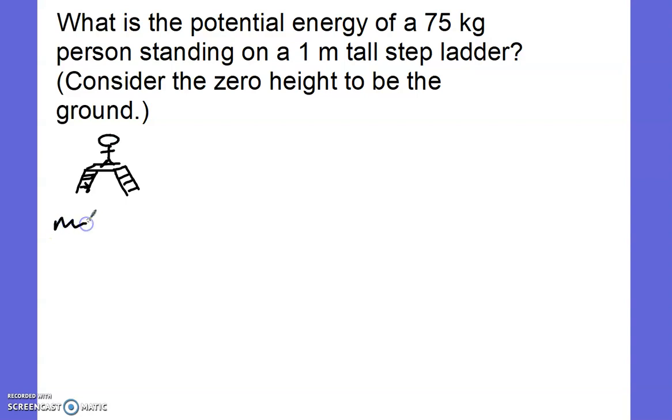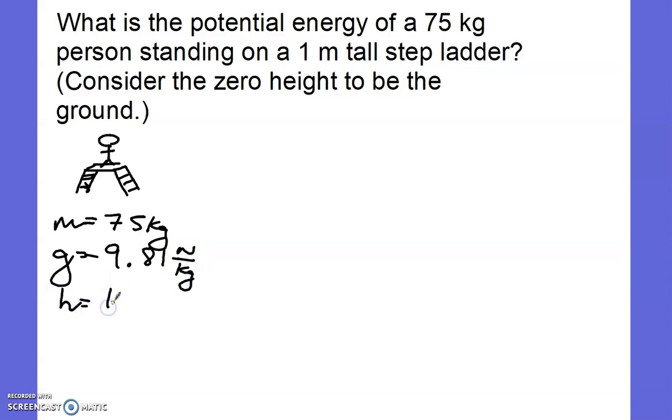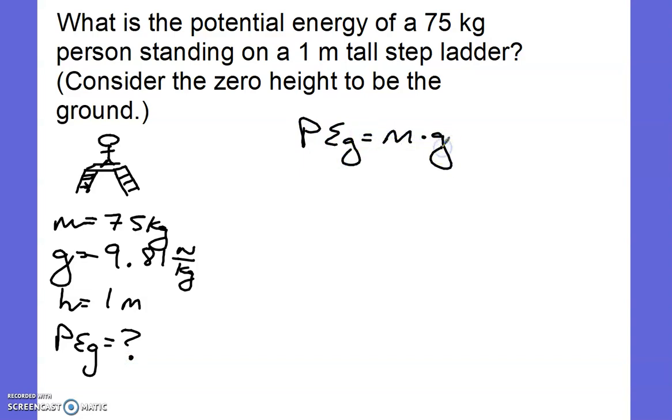We write out our givens. We have the mass, which is 75 kilograms. We have the gravitational field constant. We always knew that, and that is 9.81 newtons per kilogram. And we have our height, which is 1 meter. We want to find what is the gravitational potential energy. Our formula is that the gravitational potential energy is the mass times the gravitational field strength times the height.